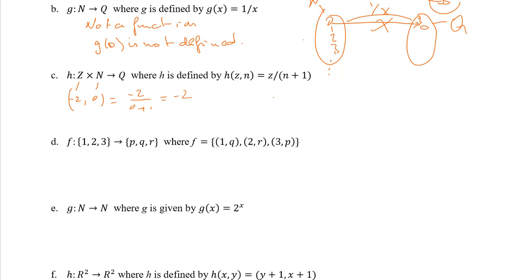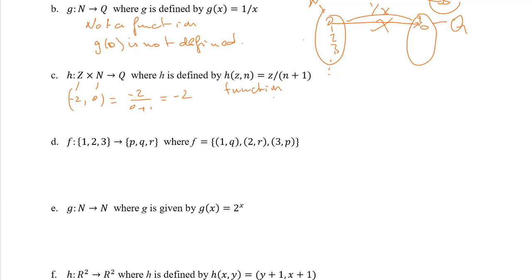So this is an example. Here, is this a function? Is it defined everywhere? It doesn't matter what I take, it will be defined. Since I take n as a natural number, n plus 1 can never be 0, because n cannot be negative. So it's defined everywhere, and therefore, yes, it is a function.